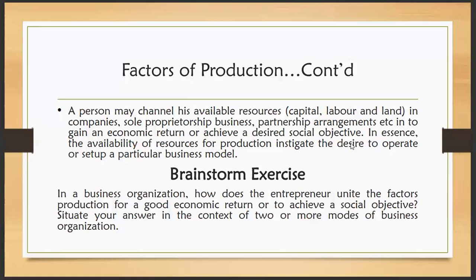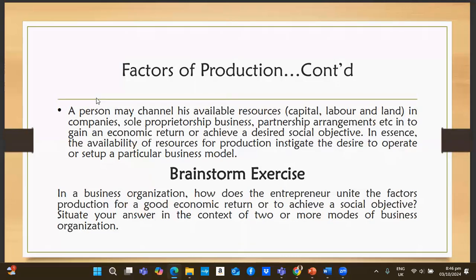Before we proceed, let's do a little brainstorming exercise. In a business organization, how does the entrepreneur unite the factors of production for a good economic return or to achieve a social objective? Anybody? Let's take one male, one female.